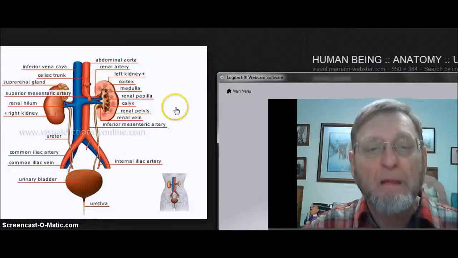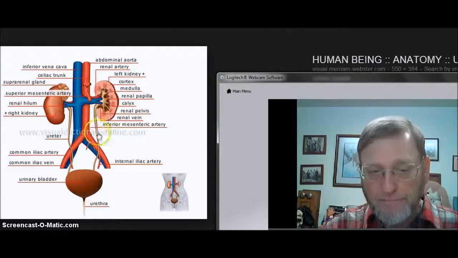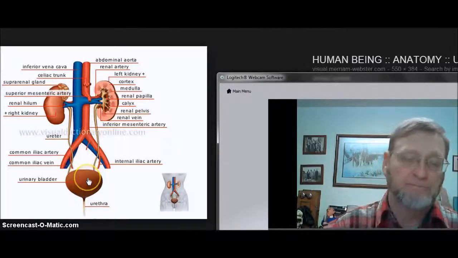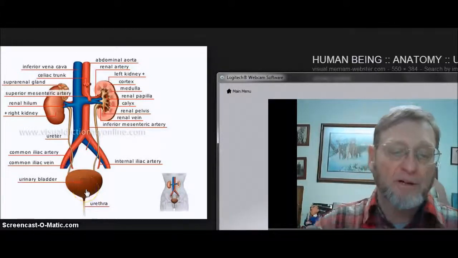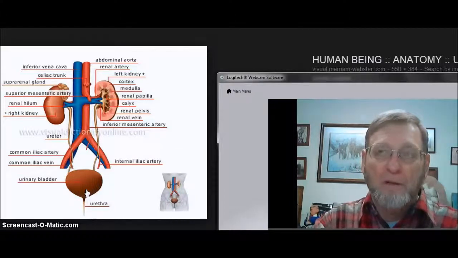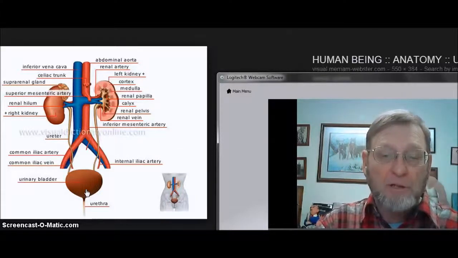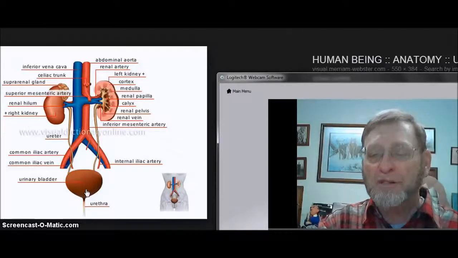When the urine is completely formed, sometimes it's concentrated urine, as you know, sometimes it's less concentrated. It moves down through the collecting tubes into the ureter and goes to the bladder. Once in the bladder, it eventually will fill up enough that you will have the urge to urinate when about 600 mils are there. But you can suppress that as an adult.